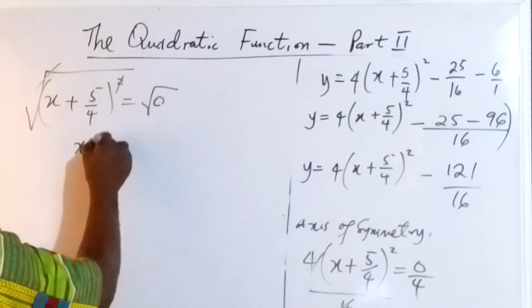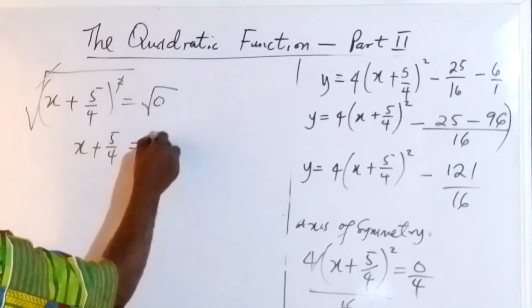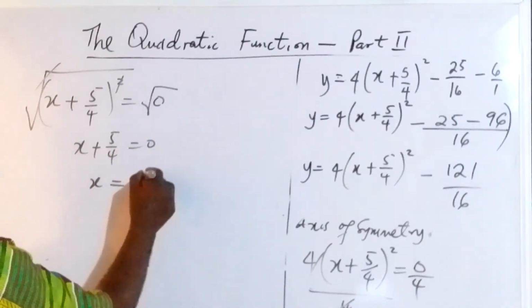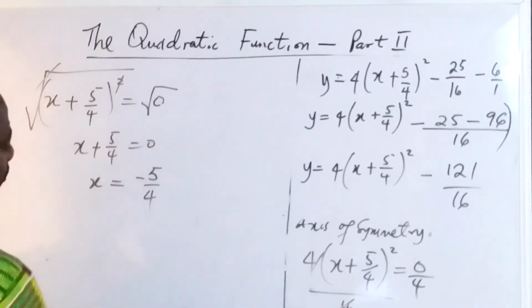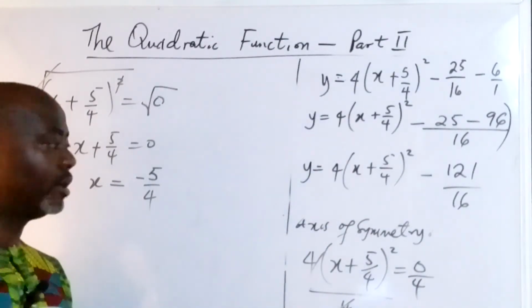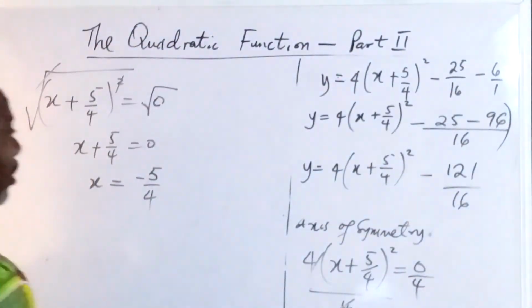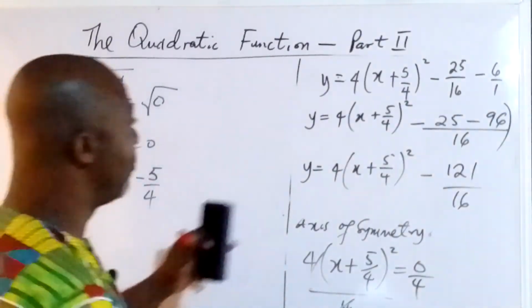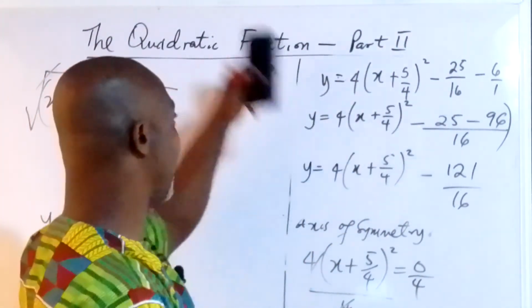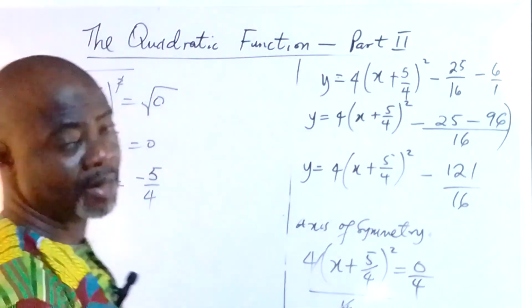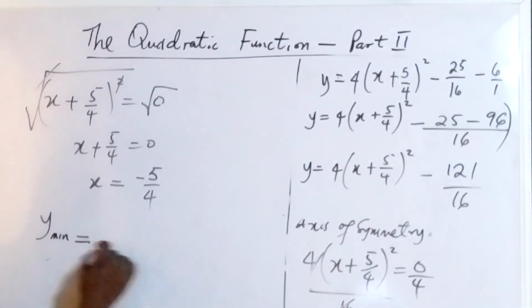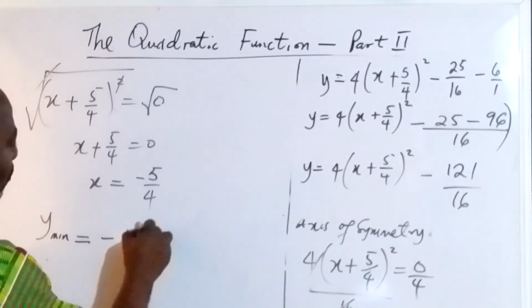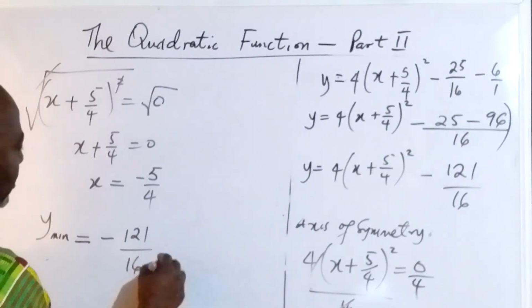So we have x plus 5 over 4 equal to 0. So x will be minus 5 over 4. Then the other value is the minimum value. We know this will be minimum because the coefficient of x squared at the start is greater than 0. So the minimum value will be minus 121 over 16.